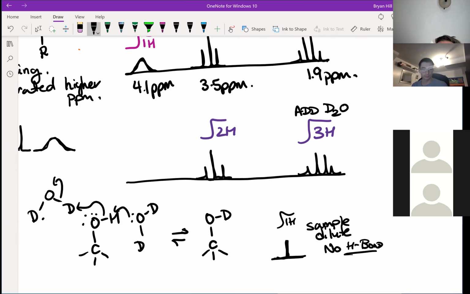Deuterium exchange often appears in examples: here's your spectrum, the peak at 4.1 disappears after adding D2O. What that's telling you is that's an OH proton.